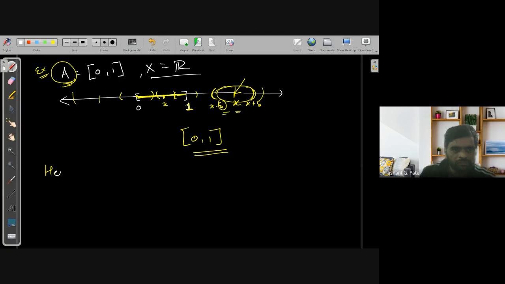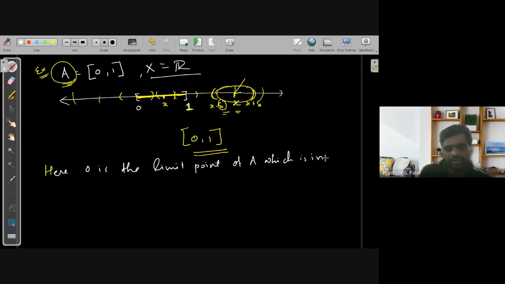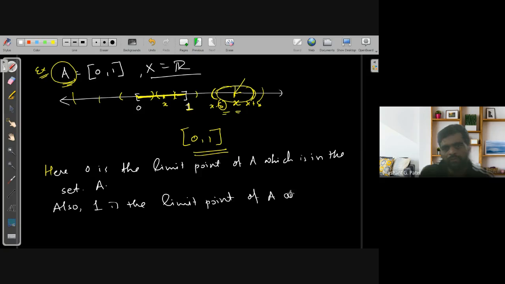So here, 0 is a limit point of A, which is in the set A. Also, 1 is a limit point of A, which is in the set.